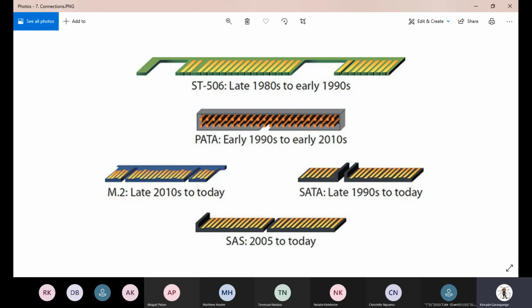So what was created is what is known as an advanced technology attachment standard that enabled connectivity of these drives or storage platforms to your motherboard, to enable interfacing between the CPU and the hard drive or storage component, not just on a physical platform, but within the abstract environment as well. This ATA was then subdivided into both parallel and serial.